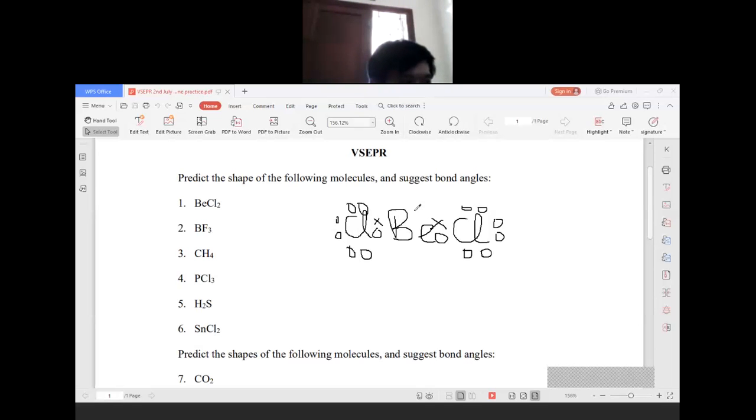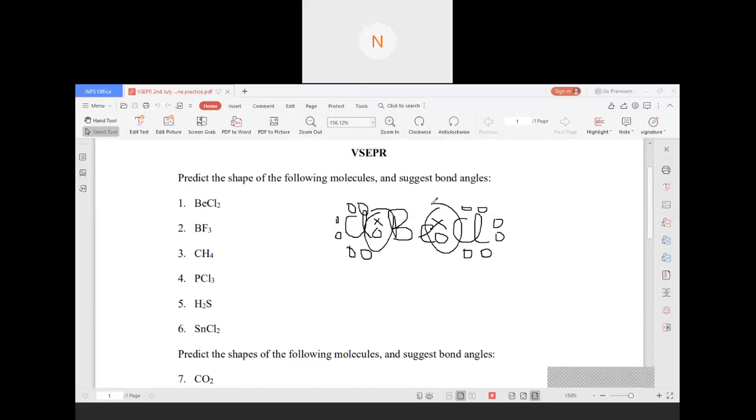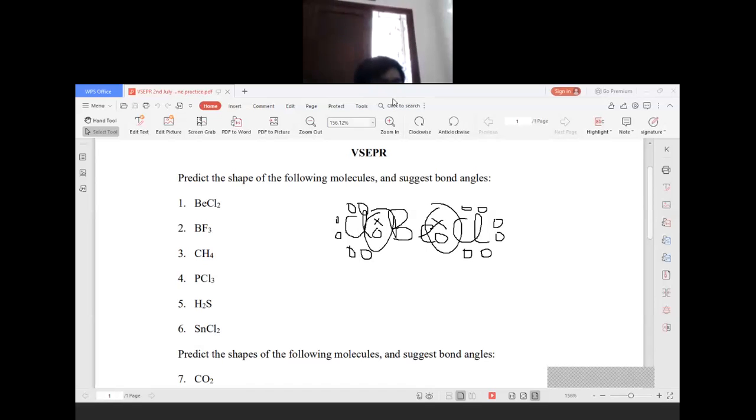So how many electron pairs are there in beryllium? Two. Yes, correct. So there are two electron pairs in beryllium without any lone pairs.